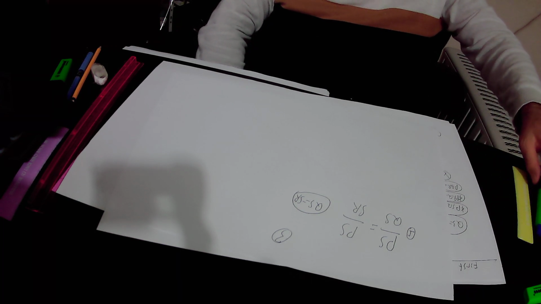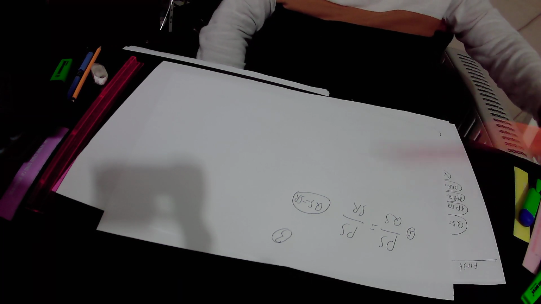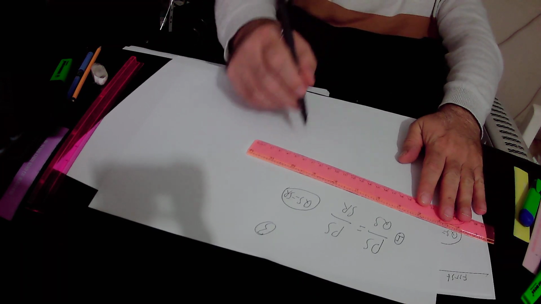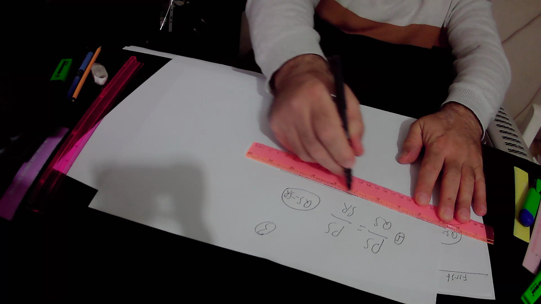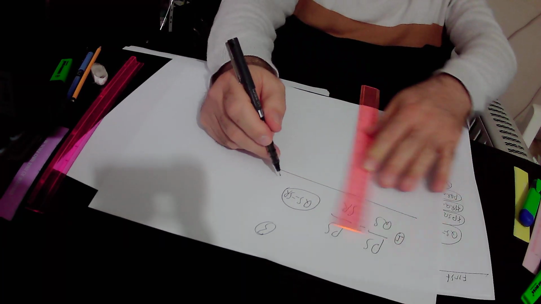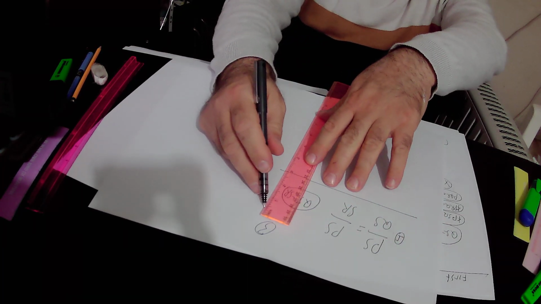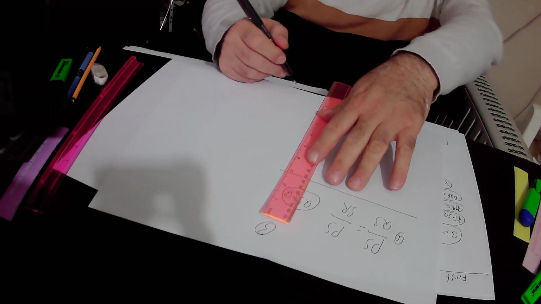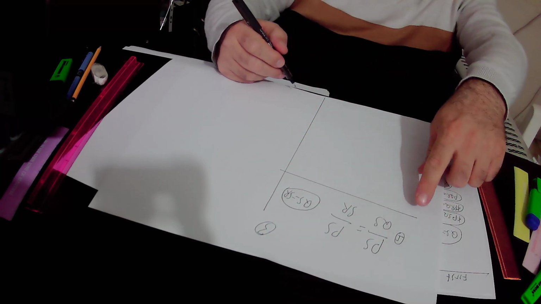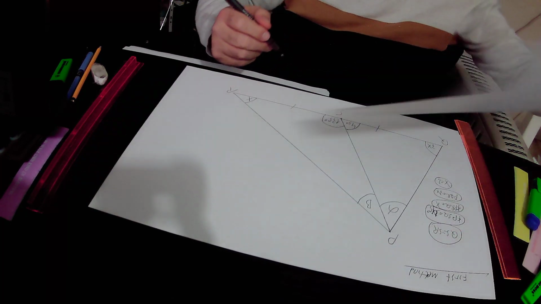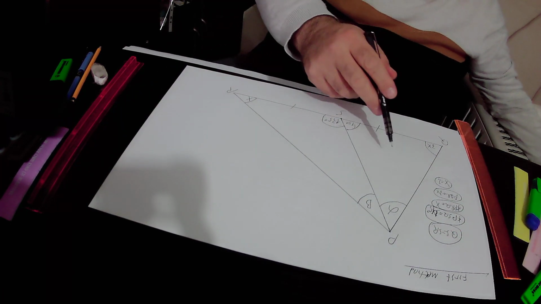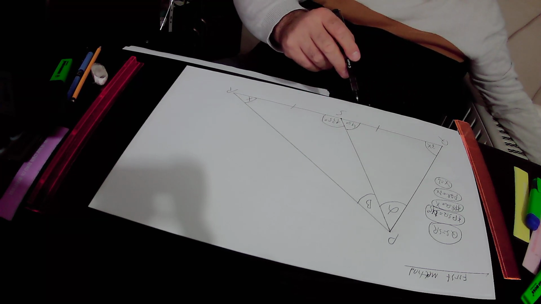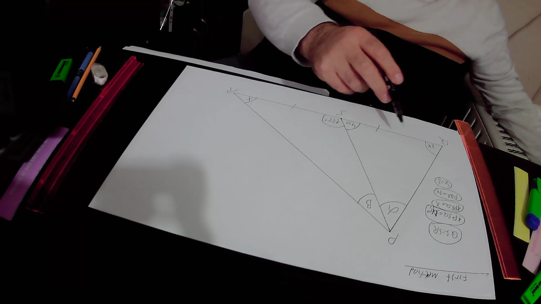So according to the rule that the ratio between the side lengths of any triangle equals the ratio between their opposite angles, we will get that, if you focus on triangle PQS, PS over QS will be equal to sine 3x over sine alpha.